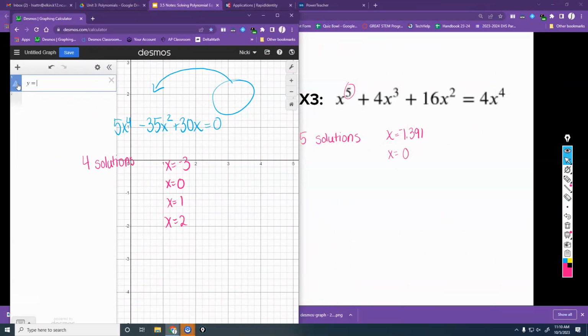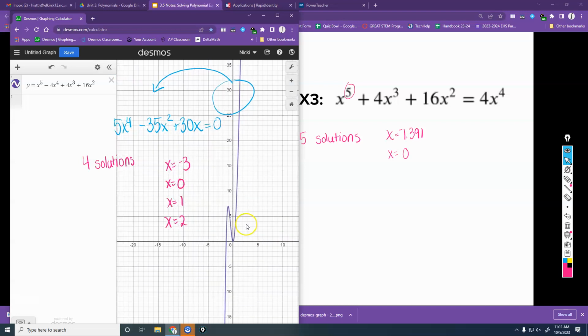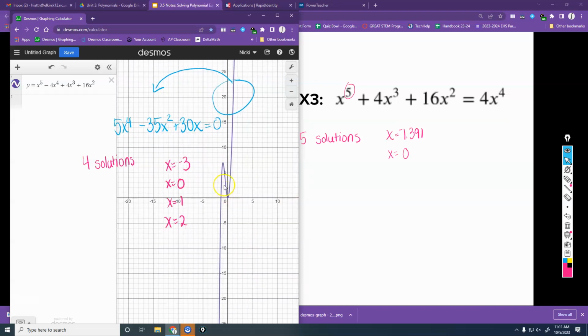So x to the 5th minus 4x to the 4th plus 4x to the 3rd plus 16x squared. All right, and I need to put this here.